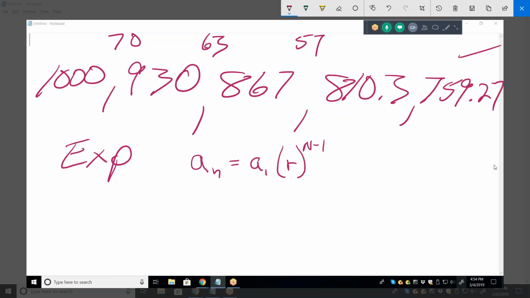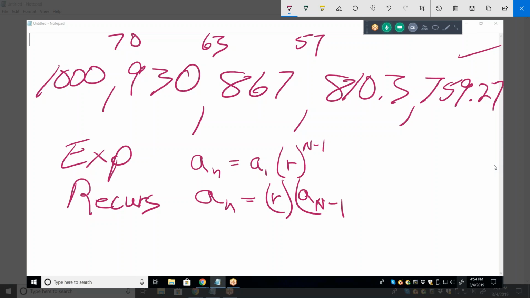Recursive formulas are always based on the preceding term. So a sub n is always going to be r times a sub n minus 1. That is the recursive formula for a geometric series. Now what you're telling me is that there's some constant being subtracted from that.